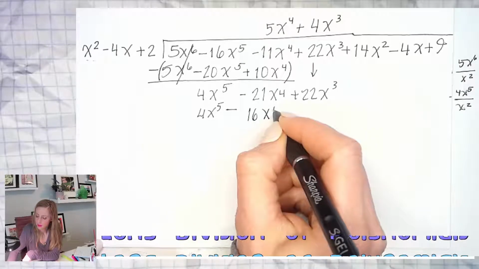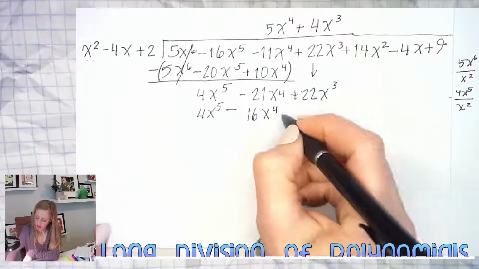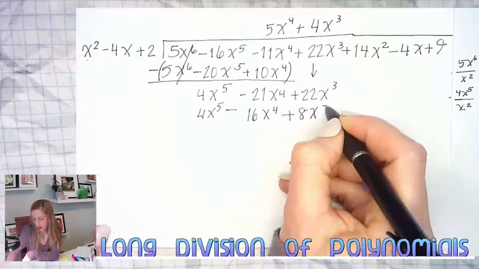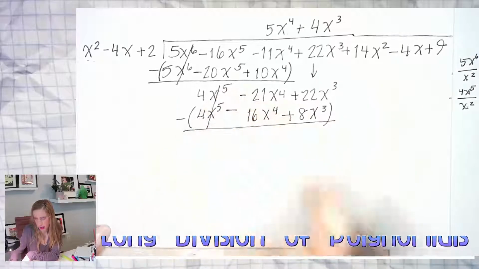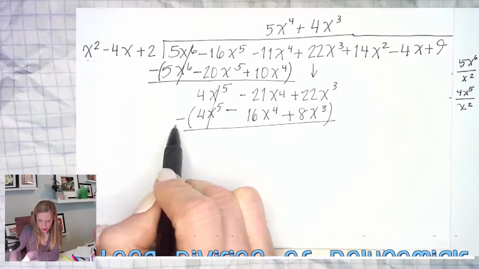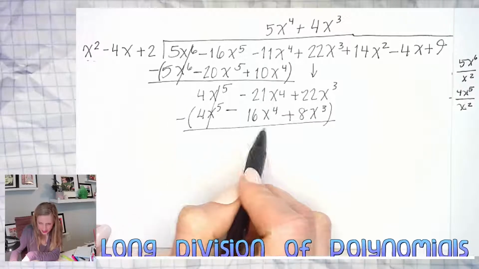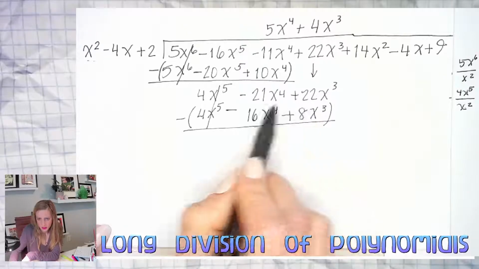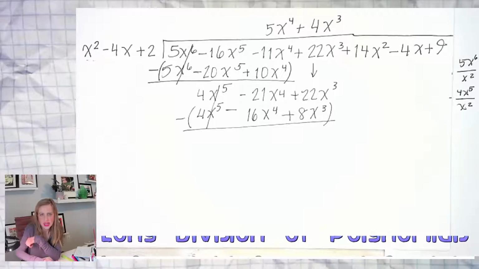And then plus 8x to the 3rd. Parentheses, minus sign, underline, cancel. All right. Negative means opposite, so do the opposite. So negative 21 plus 16, positive 22 minus 8. So what do we get underneath?